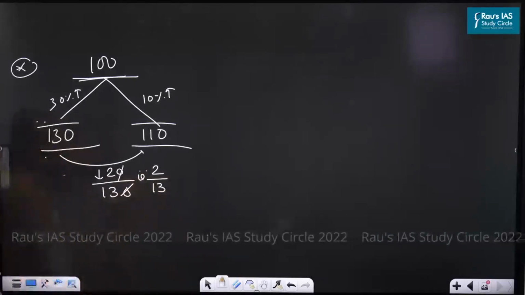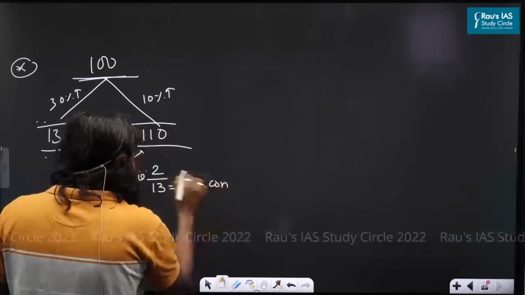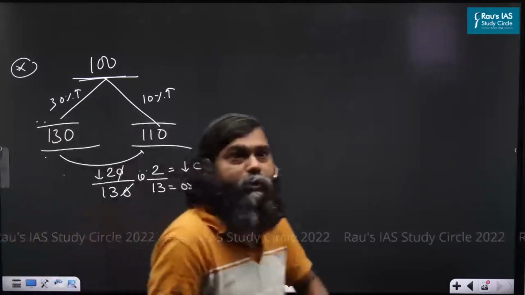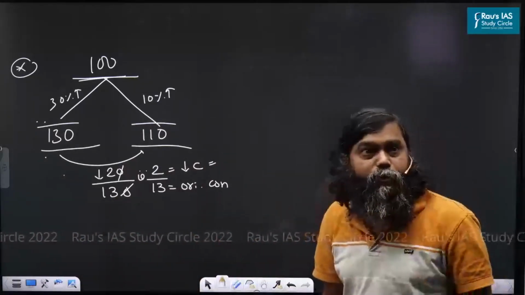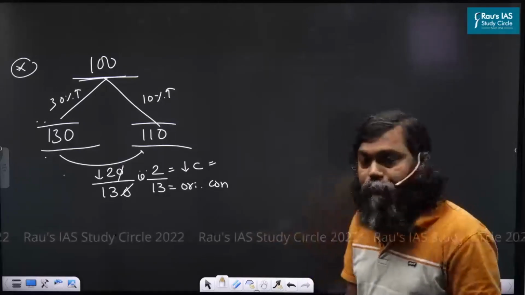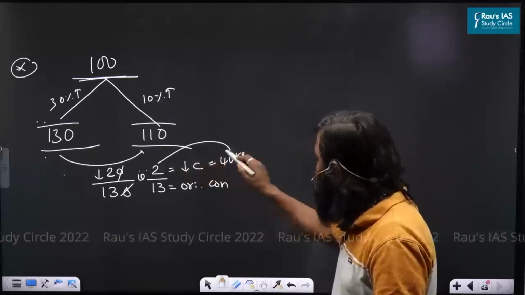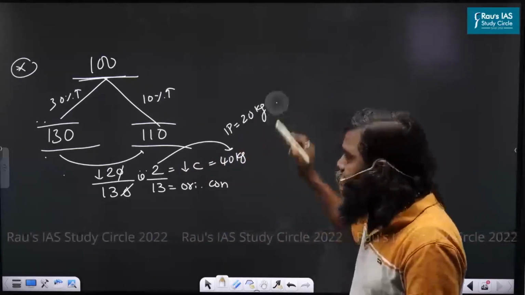What is the meaning of 2 by 13? 13 is my original consumption and 2 is my decrease in consumption. The statement says how much quantity is decreasing? 40 kg. So 2 units equal 40 kg, or 1 unit equals 20 kg.